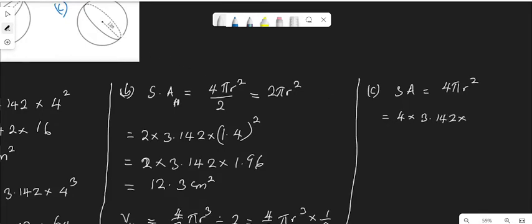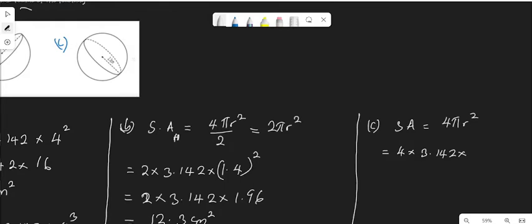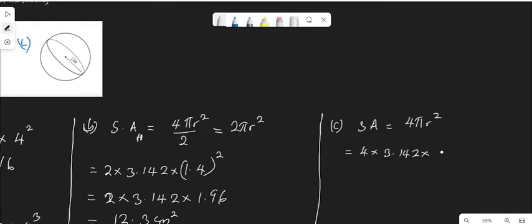And then the radius here is, I think, 2.3 centimeter, squared. That would be 4 multiplied by 3.142 times 2.3 squared. That's 2.3 times 2.3. That is 5.29.